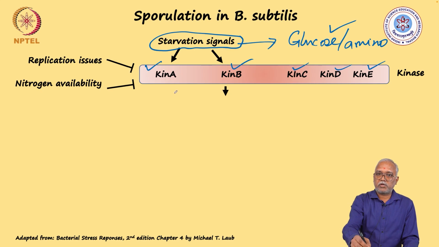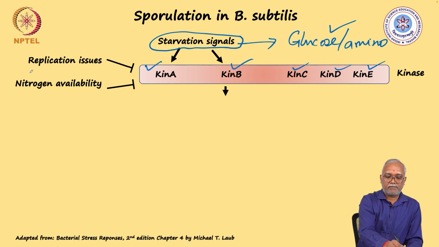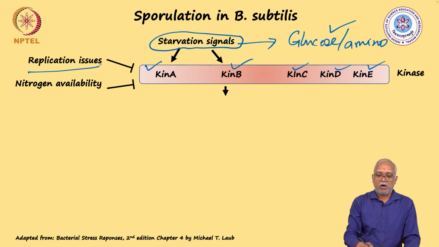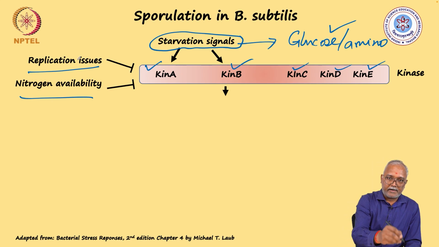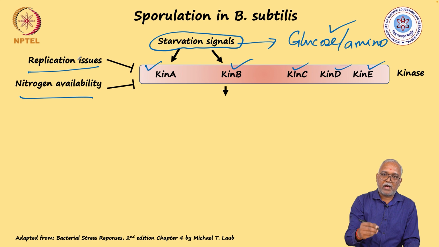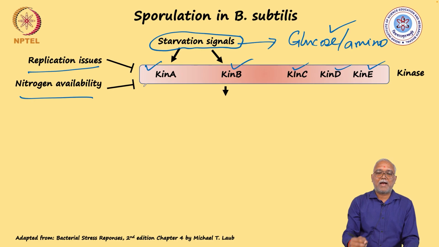These receptors are also kept quiet if there is a replication issue or a nitrogen availability issue. So together, these different conditions which are important for the growth of the bacteria ensure that the receptor is activated when the right set of cues are present.